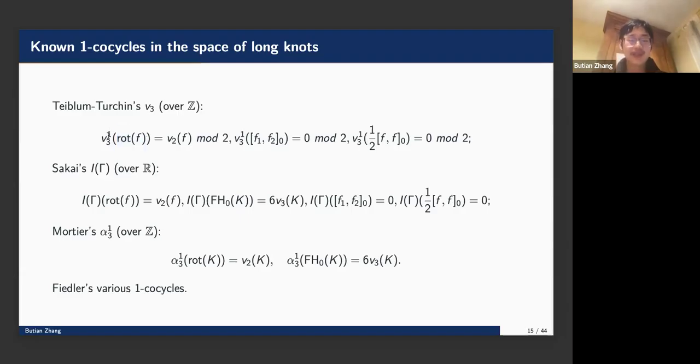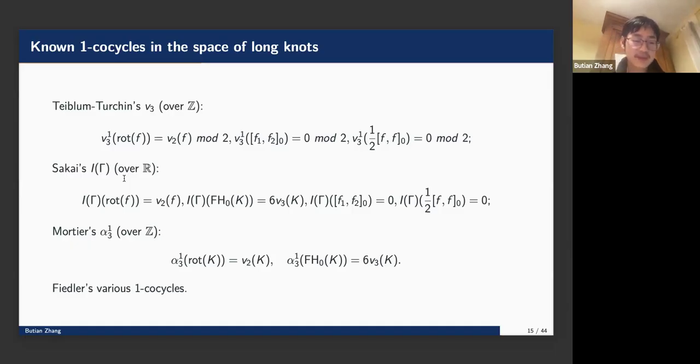And the value of this one cocycle V3 mod 2 equals these values. And later Keiichi Sakai constructed it using another method called the graph configuration integral.